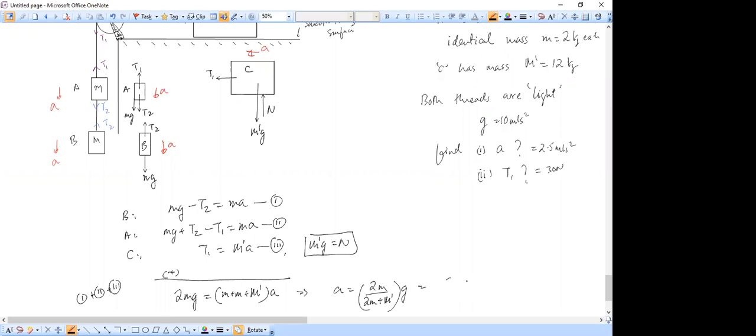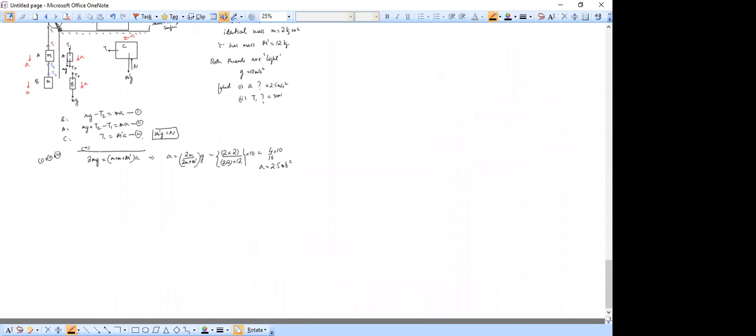So that is 2 into 2 kg divided by 2 into 2 kg plus this one, which is 12, into 10. So 4 by 16 into 10. So that is nothing but 2.5 meters per second square. So that is your acceleration. And this is a way of solving this question. Okay.